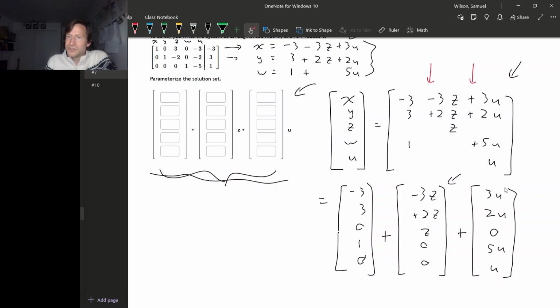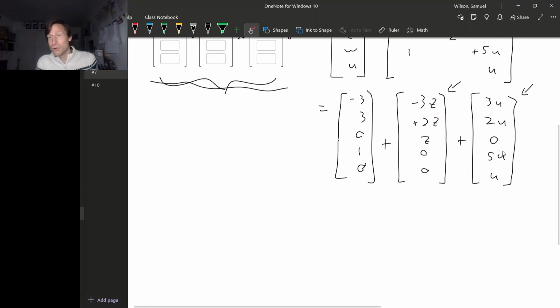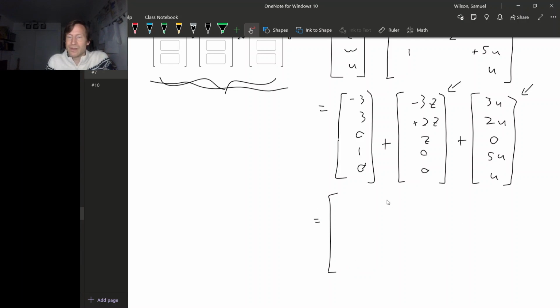Now in these last two vectors, every entry has a z for the second one, or a u for the third one. So we can pull those variables out as scalars.